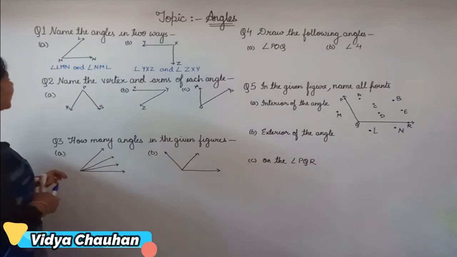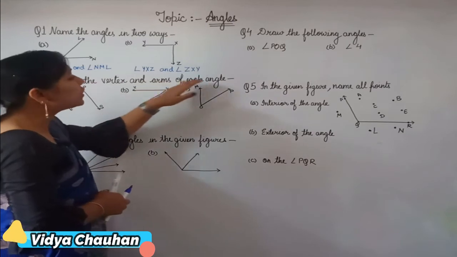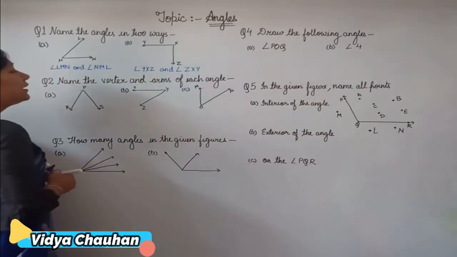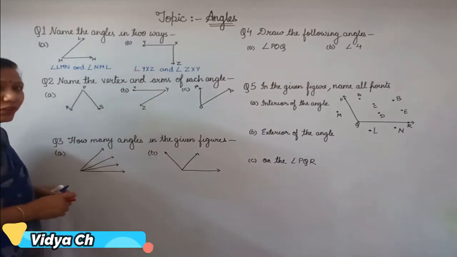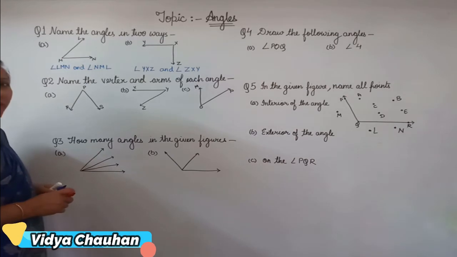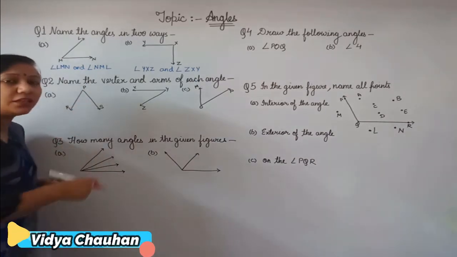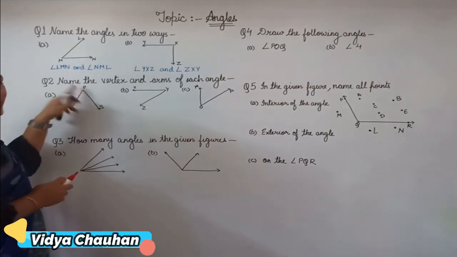Okay, students? Coming to the second question, name the vertex and arms of each angle. Here in this question, you have to write the vertex and the two arms of the angle. We have already discussed what are the arms and the vertex. Vertex is the fixed point and arms are the two lines, or the two rays joining with the vertex.